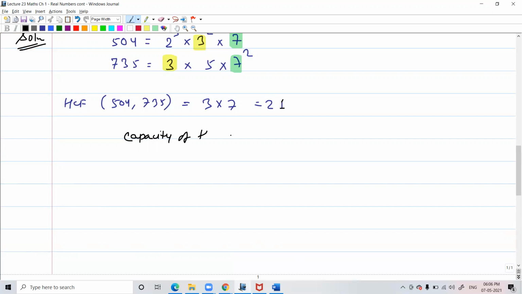Capacity of the container is 21 liters. And all of you try to do this on your own.